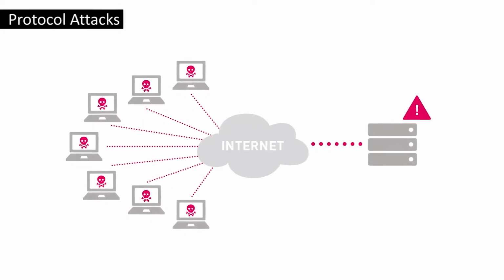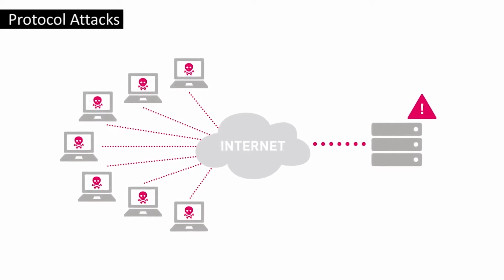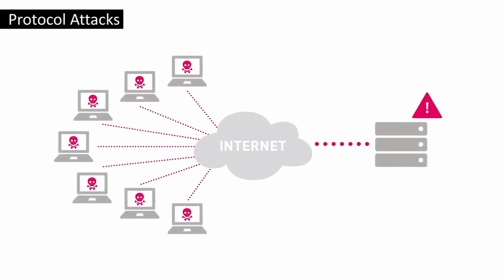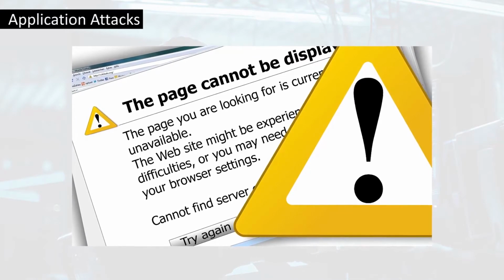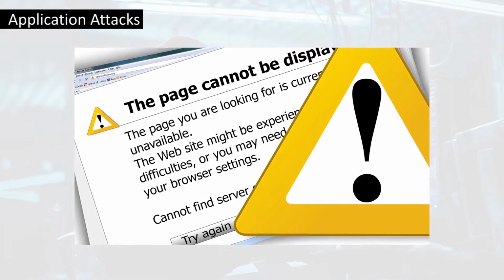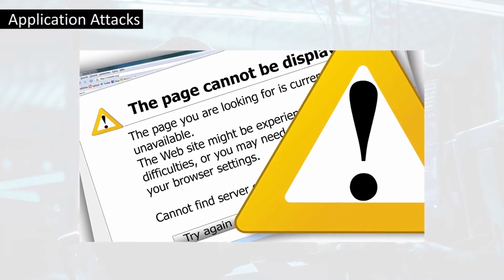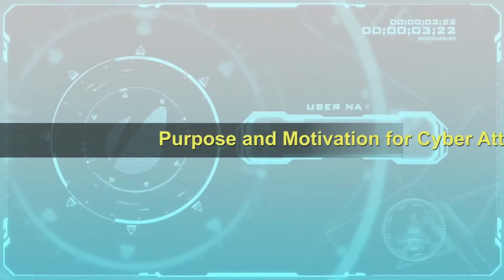Next are protocol-based attacks. They exploit the server resources, and that is the cause behind the protocol attacks. Third are the application-based attacks. They are very serious types of attacks and they focus on web applications, and these are considered to be the most sophisticated type of attacks.